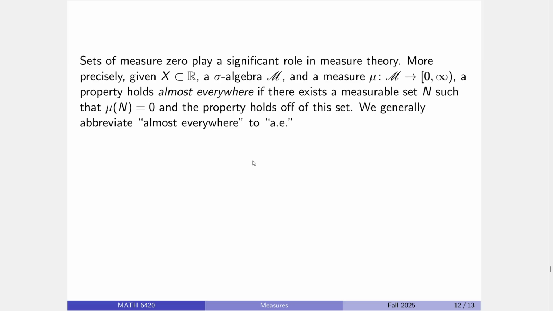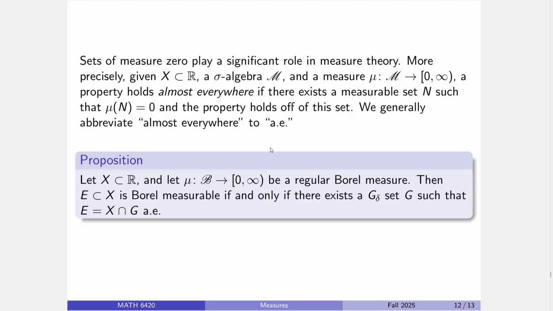Okay. So, let's finish up today with a neat little thing, which reveals that Borel sets, as you may have suspected, probably really only involve countable intersections or countable unions of open or closed sets.